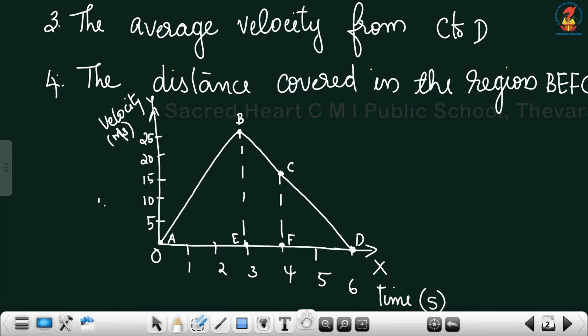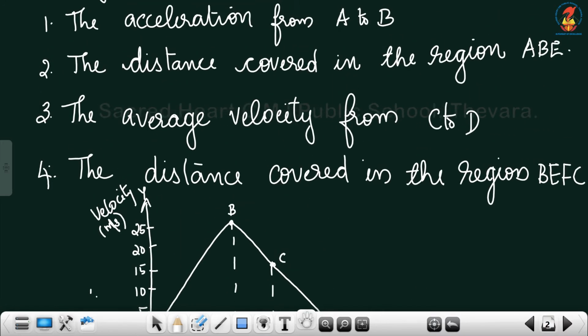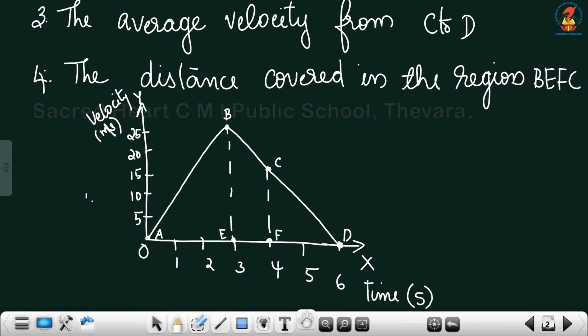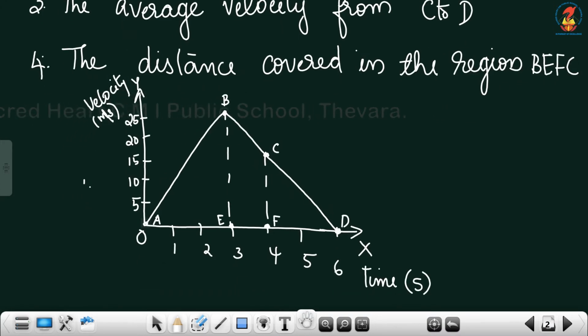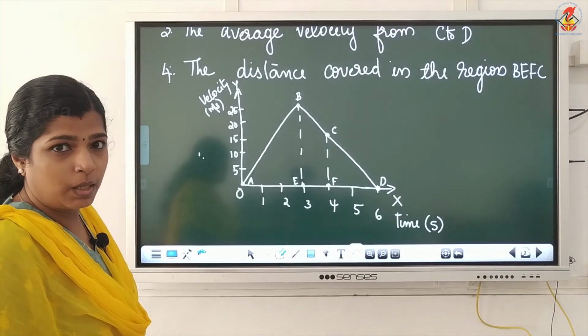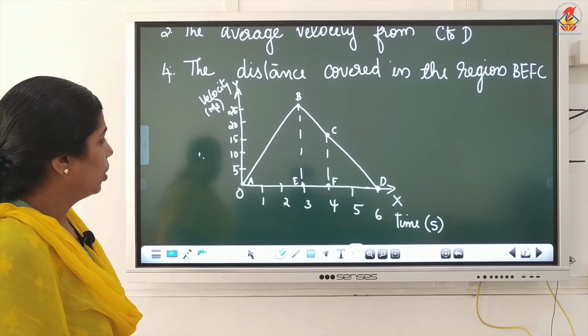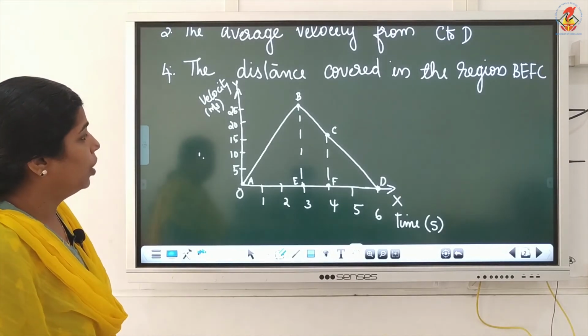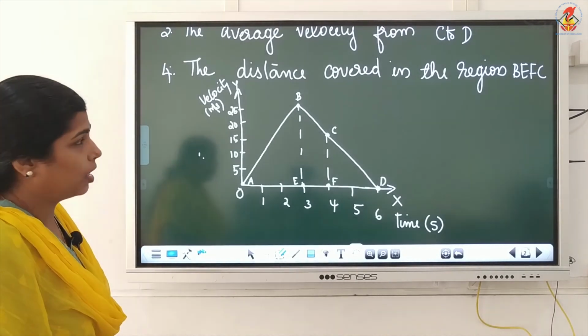Second question: the distance covered in the region ABE. What is the shape of the area under the velocity time graph? Then you will get the distance travelled.